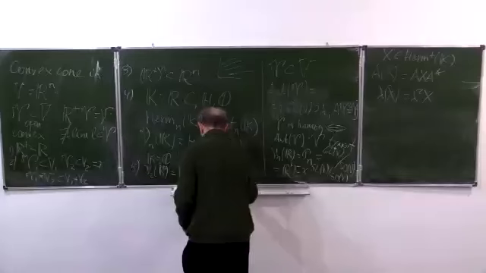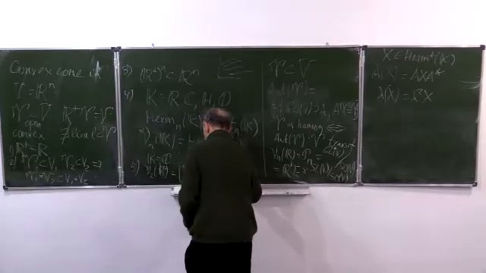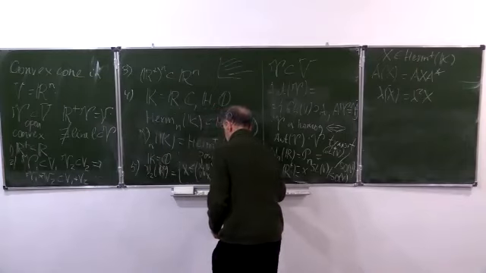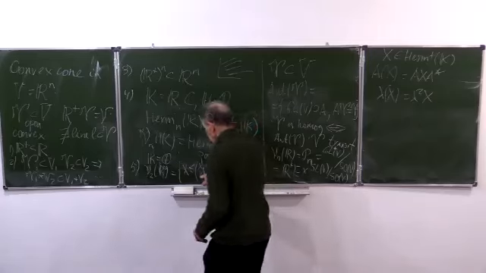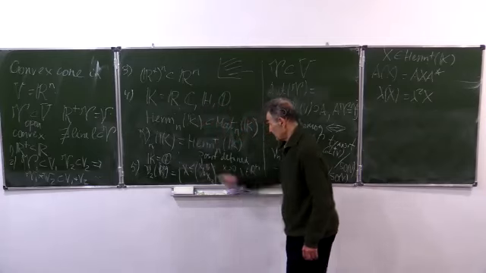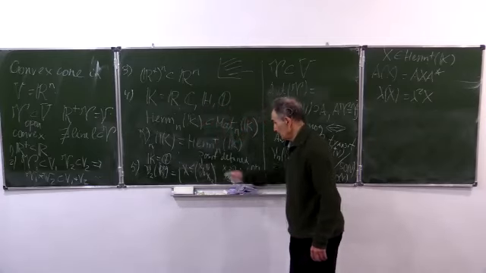where X1 is a positive number, X2 is a positive number, and V is any vector of R^n, and V star is the transpose vector.